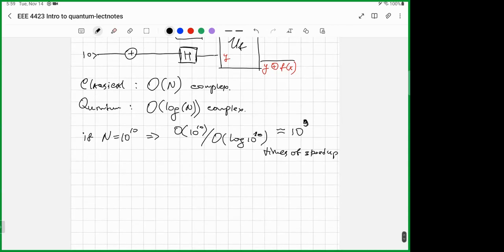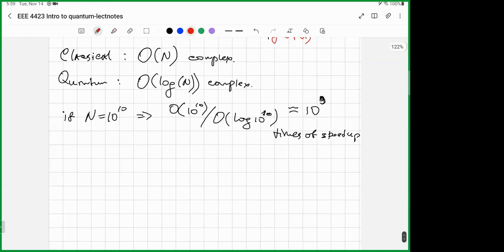So let us transit to the next algorithm, which is Shor's algorithm, and I'm gonna discuss just the purpose of this one. So let us discuss Shor's algorithm.